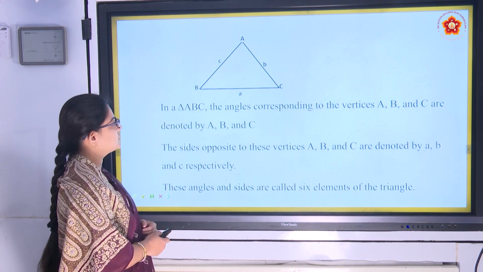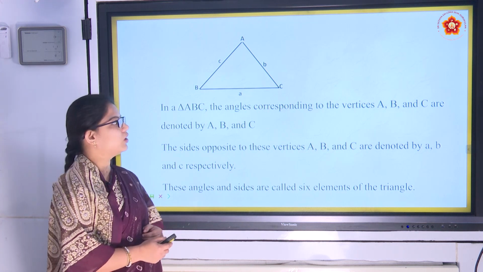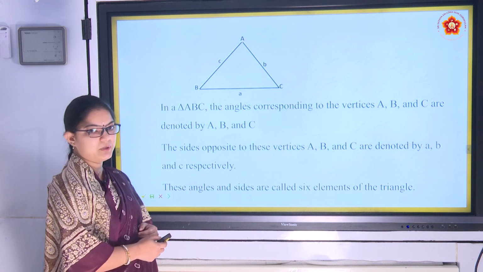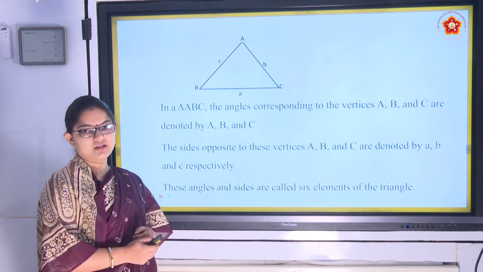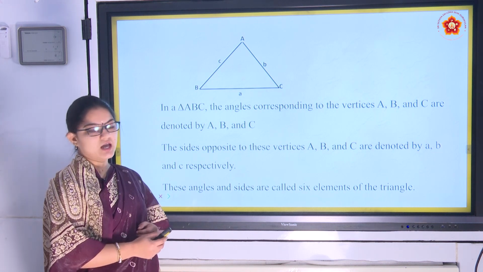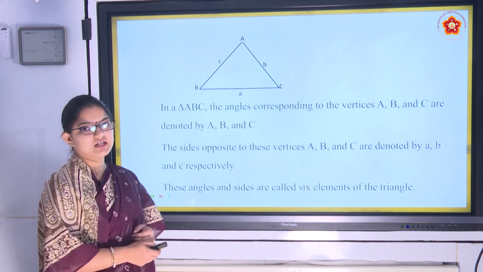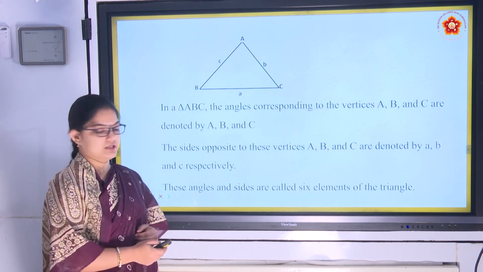The side opposite to angle B, that is AC, is denoted by small letter b. And the side opposite to angle C, that is AB, is denoted by small letter c. That is, sides are represented in terms of small letters and angles in capital letters. These sides and angles are known as elements of a triangle. So we have 6 elements of a triangle.